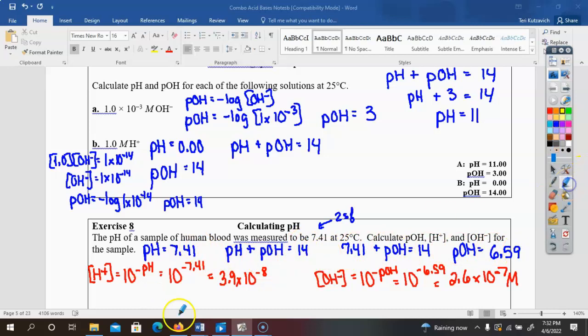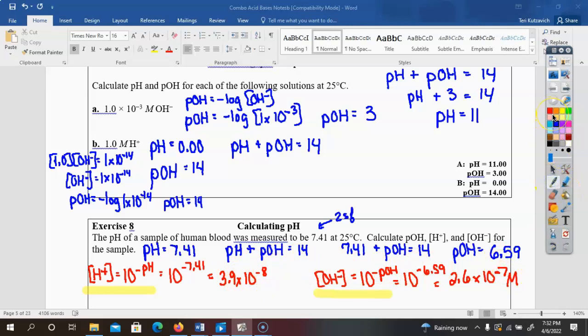Two new equations. And you might know this from calc. So your H plus is equal to 10 to the negative pH. Your OH concentration is equal to 10 to the negative pOH. So I just plugged in my pH and my pOH. My hydrogen ion came out to this, and my hydroxide ion came out to this.